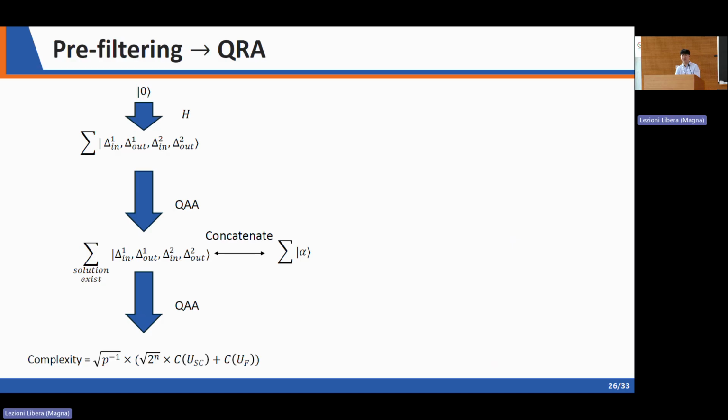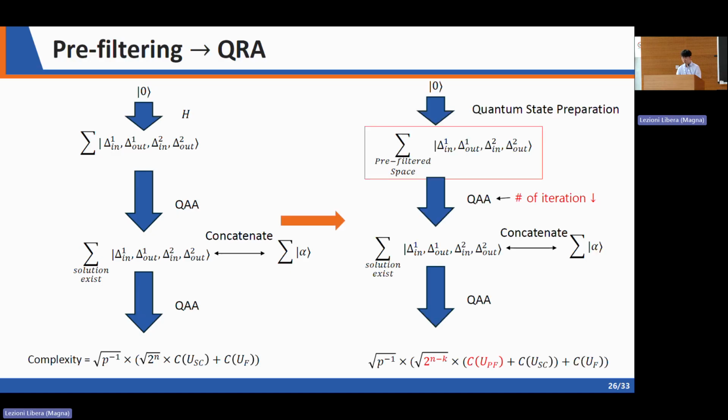Specifically, instead of starting with the superposition of all possible states generated by the Hadamard gate, we begin with the quantum state generated by the pre-filtering gate, which excludes some states. This reduces the number of iterations required for the first QAA. And as a result, we can reduce the coefficient in the complexity.